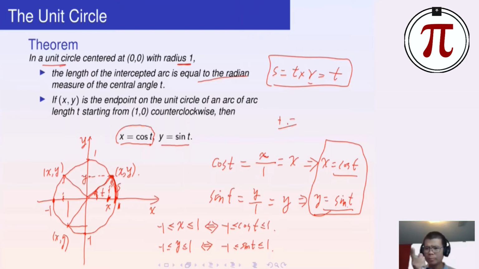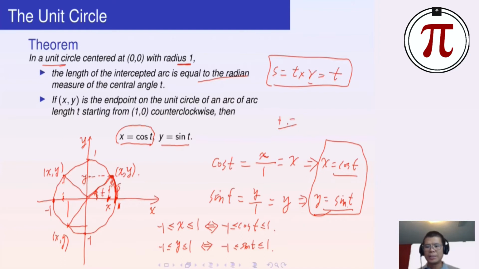Now, another thing: what about the value of t? T is the angle, and you can do several full rotations and then stop somewhere, counterclockwise or clockwise.